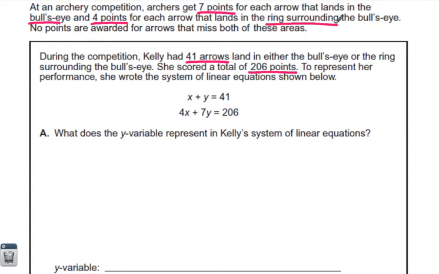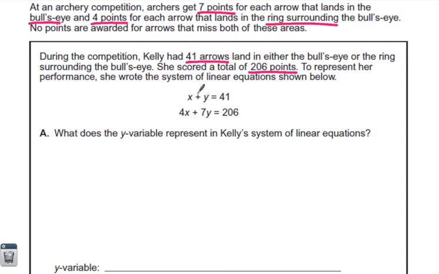And so when you look at the system of equations they gave you, and I guess you don't know what x is supposed to be either, but something plus something. So whatever x is and whatever y is, it looks like they're supposed to add up to equal 41. And 41, of course, was the total number of arrows.